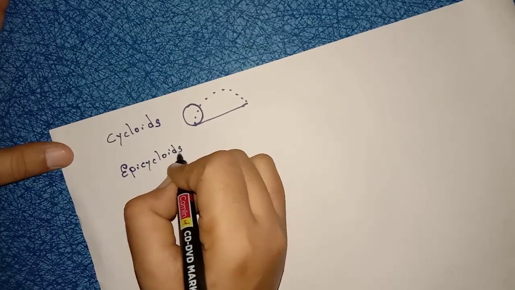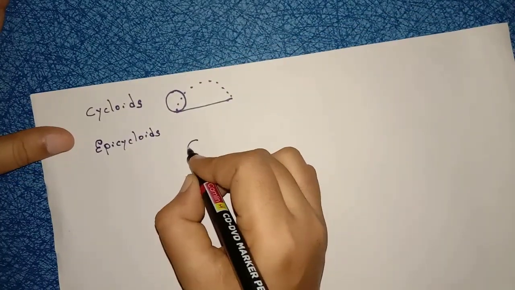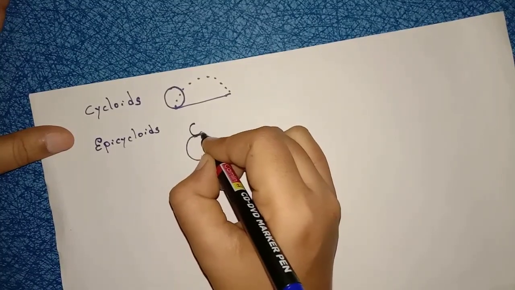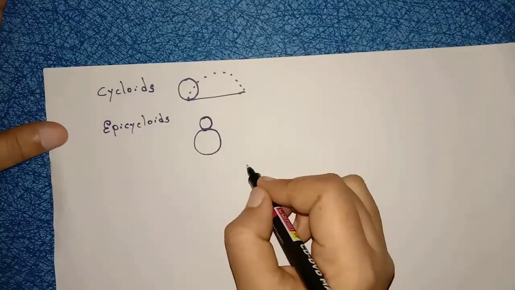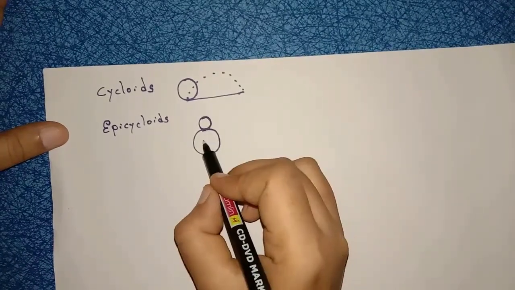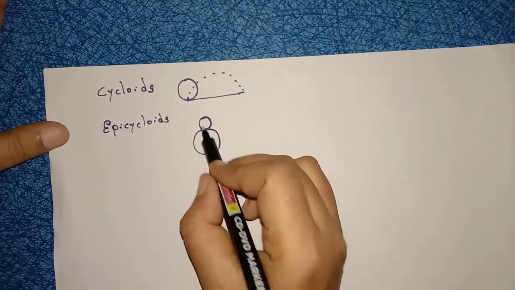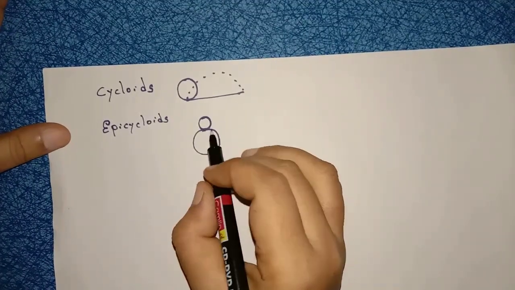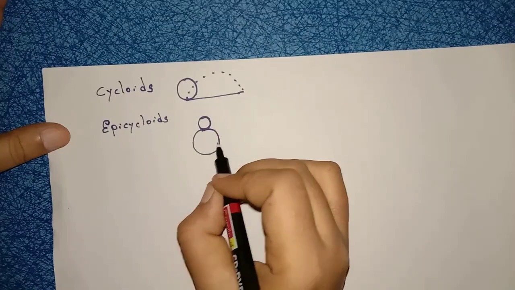So what is an epicycloid? When a circle is rolling outside of another circle without slipping, the curve obtained is called an epicycloidal curve.